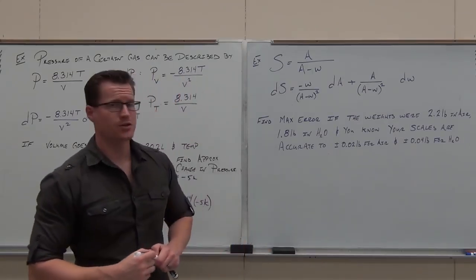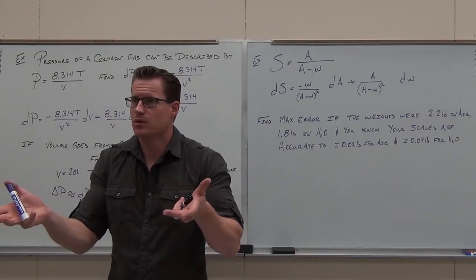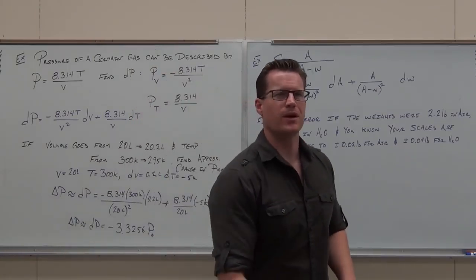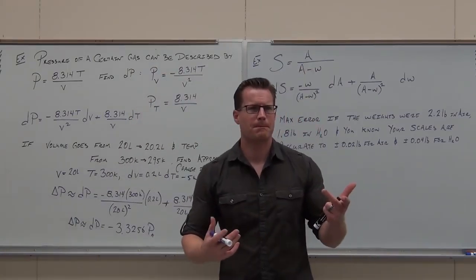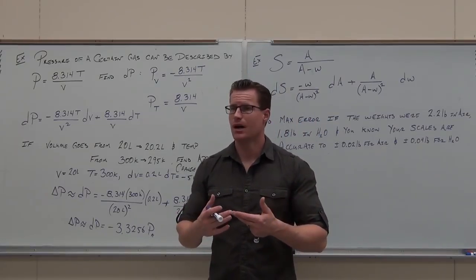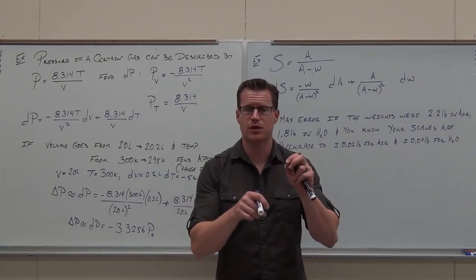So that's our differential. Now, what's a differential do? Come on, folks. I need more out of you. What's a differential do? It shifts us in the function. It gives us a change in height or whatever the function is. It gives us the change in that function.